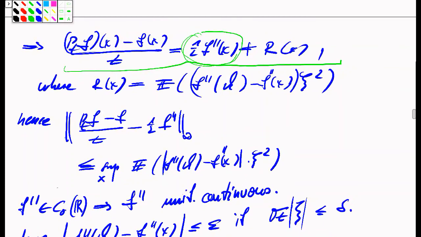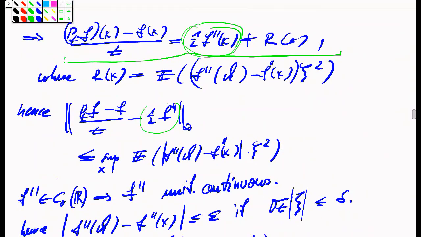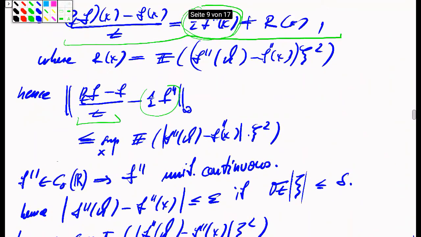We conjecture this is exactly the limit, so I subtract this suspected limit from the difference quotient, and I have the convergence which is required in the definition of the generator, and the convergence is required to take place with respect to the supremum norm.